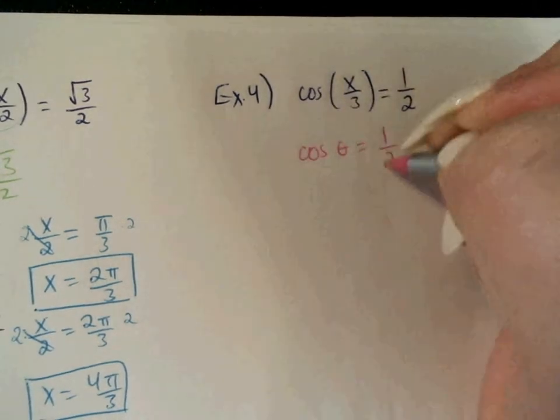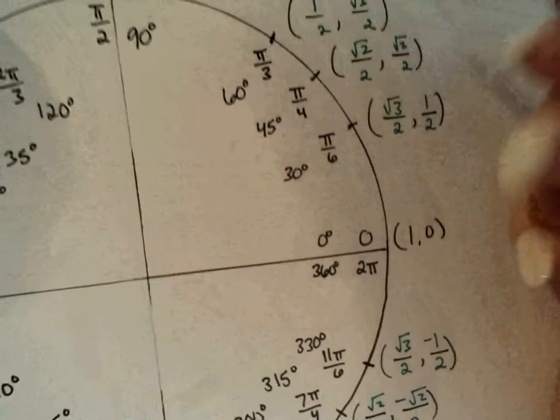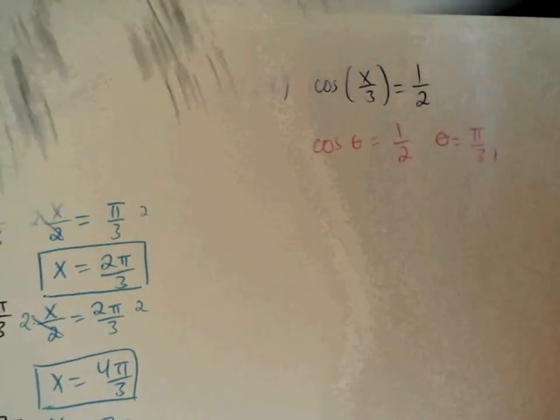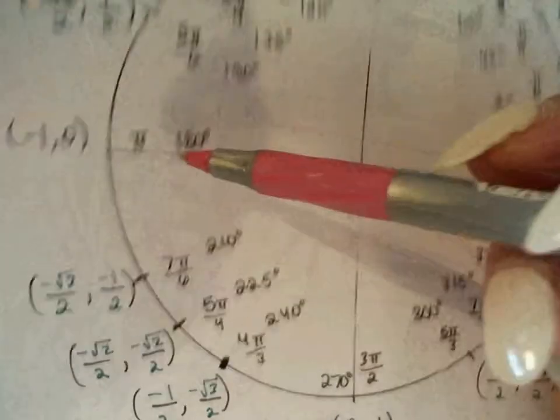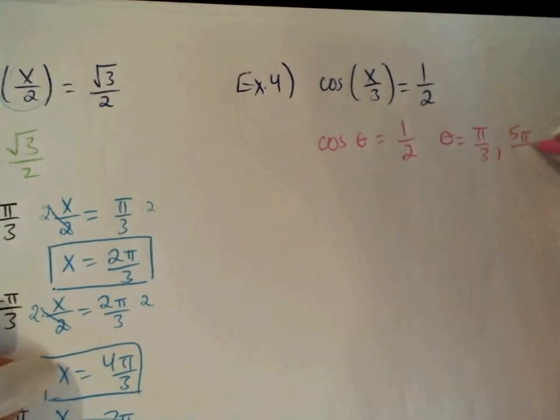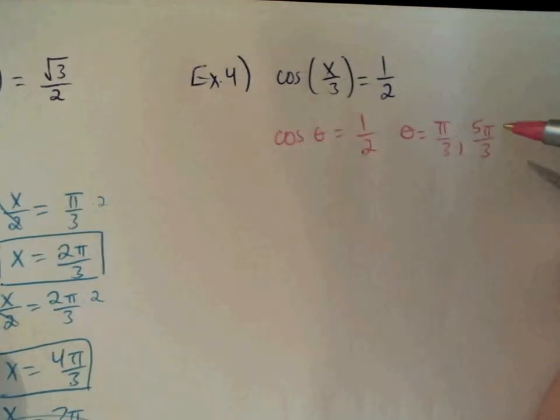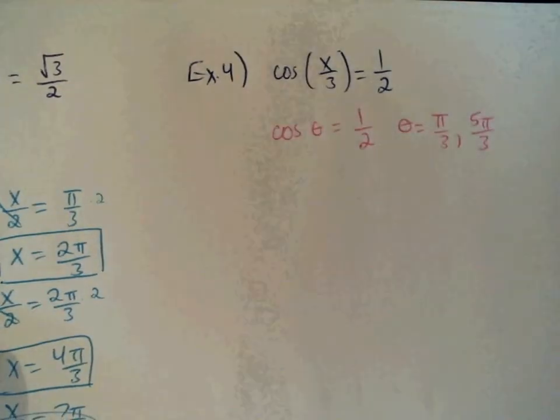So cosine of theta equals 1/2 when theta equals, so cosine is 1/2 at theta equals pi over 3. That's negative 1/2, that's negative 1/2, and then there's positive 1/2 at 5 pi over 3. Right? So cosine of theta equals 1/2 when theta equals pi over 3 and 5 pi over 3.